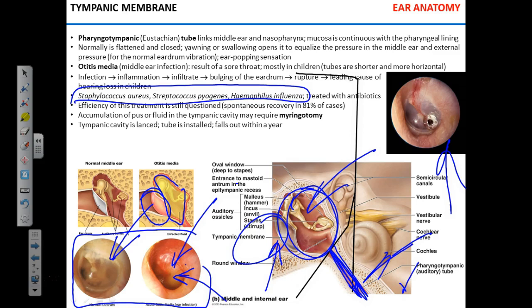Now, if anyone had otitis media, I suppose, yes, you don't have to answer. What do you get when you go to the doctor? What do they prescribe? Antibiotics, right? Here's the interesting thing.